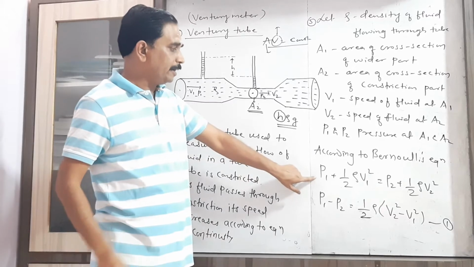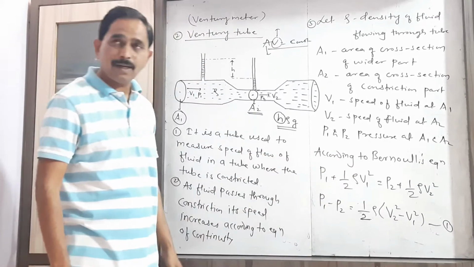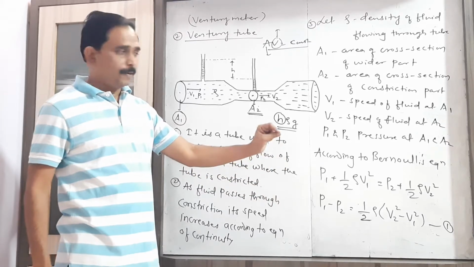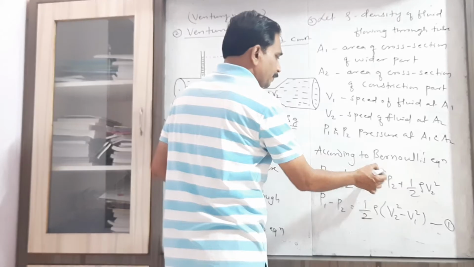So you have to write here P1 plus half rho into V1 square equal to P2 plus half rho into V2 square.